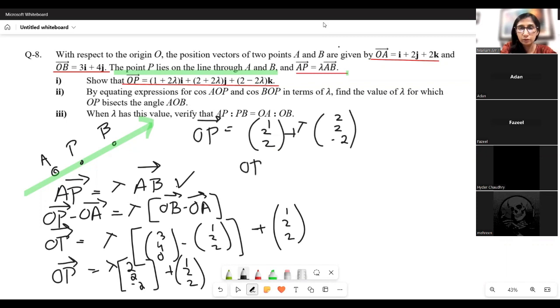Combine this, we get OP equals (1 plus 2 lambda, 2 plus 2 lambda, and 2 minus 2 lambda).